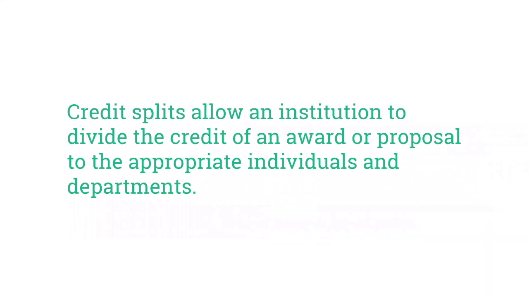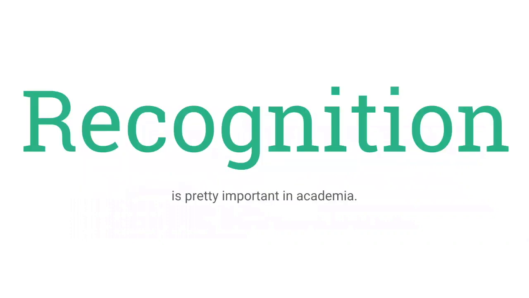We use it on both awards and proposals, to the appropriate individuals and departments. We use credit to mean the recognition for the work on the proposal and the work on the actual award.